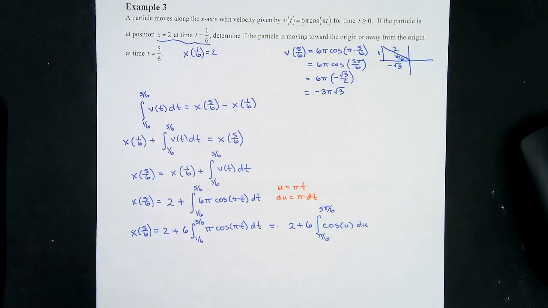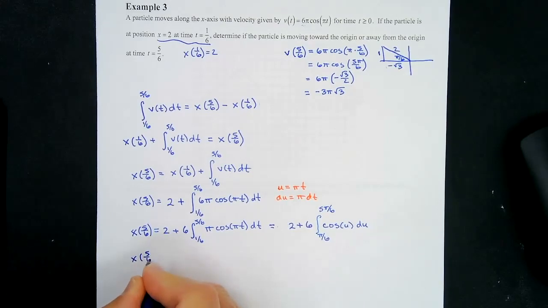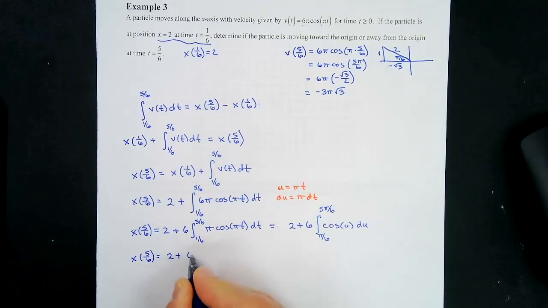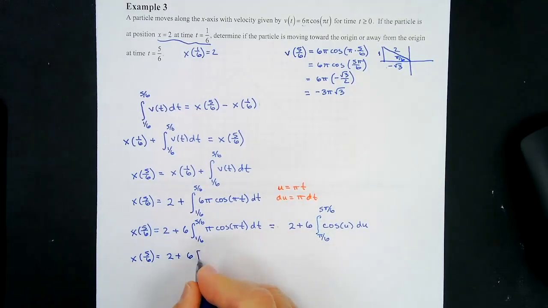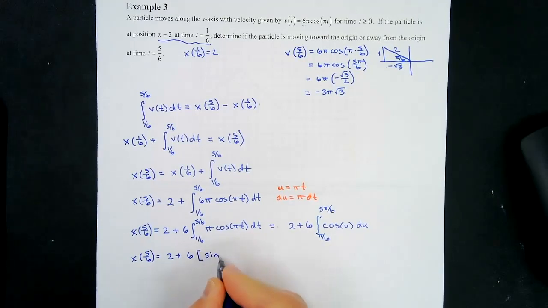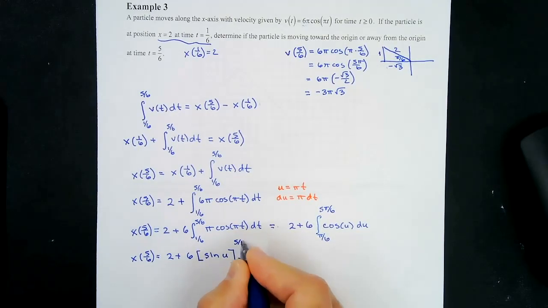So the integral of cosine is sine. So that means x of 5/6 is equivalent to 2 plus 6 times the integral of cosine, which is sine. So sine of u evaluated between pi over 6 and 5 pi over 6.